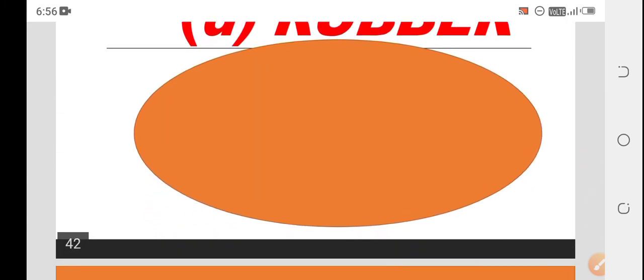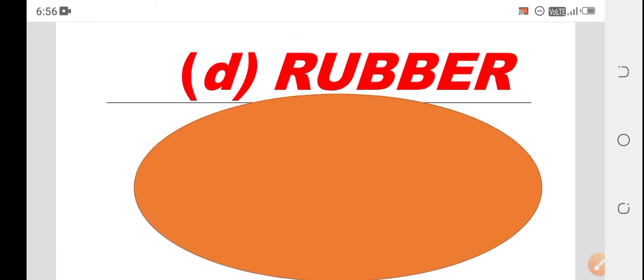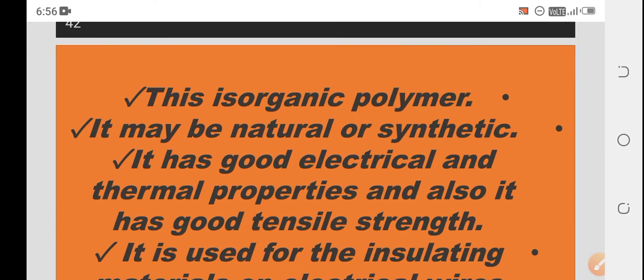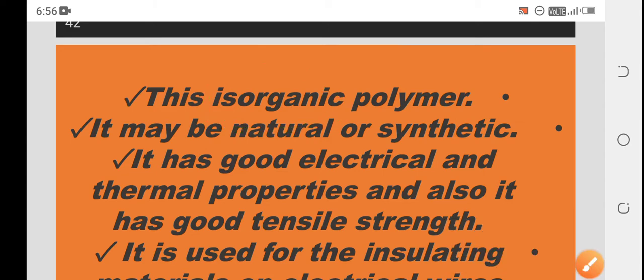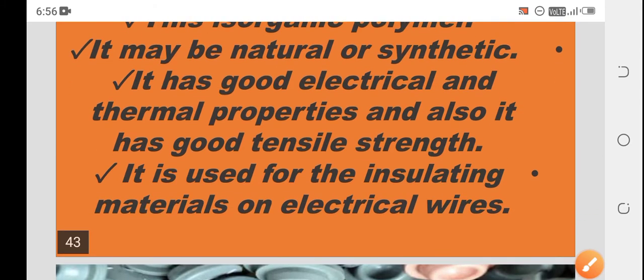Coming to rubber, this is one of the examples of the solid dielectric material. This is organic material, an organic polymer. It may be natural or synthetic. It has good electrical and thermal properties, and also it has a good tensile strength.